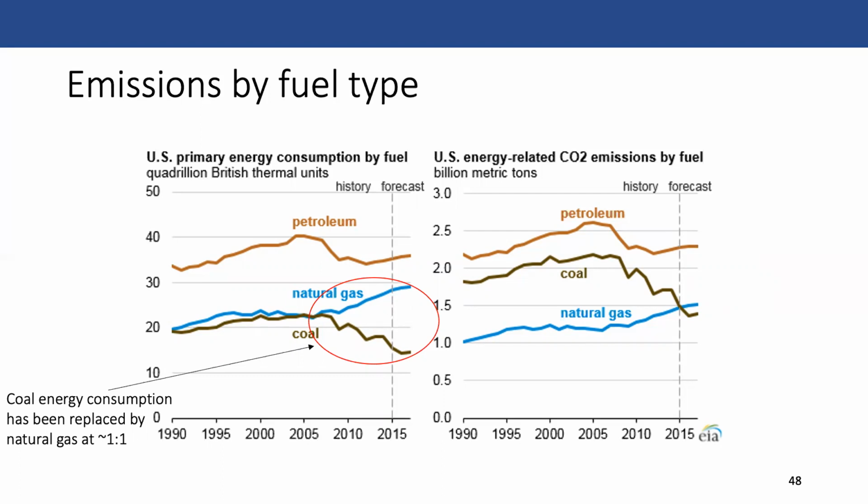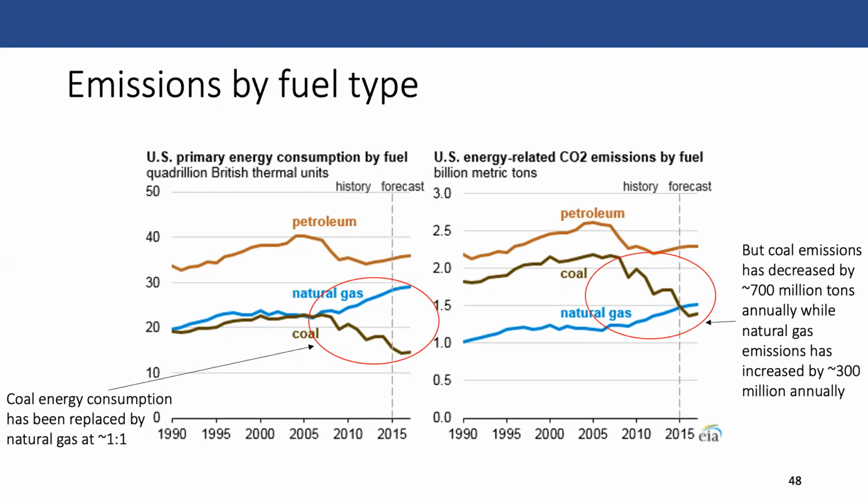The number to roughly have in your head, and I gave some reference slides in previous lectures, so you can always look those up, is about 1 ton of CO2 per megawatt hour of electricity made from coal, whereas you get about half that, about 500 kilograms of CO2 per megawatt hour of electricity produced from natural gas.